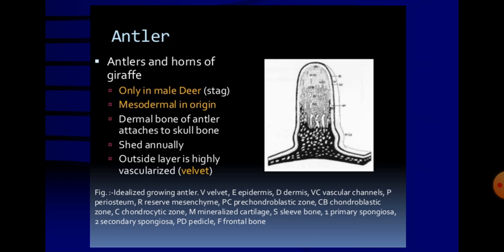In deer, the stag, only males have antlers, and these are mesodermal in origin. Dermal bone of antler is attached to the skull bone, and these shed annually. The outside layer is highly vascularized. Antlers are connected from beneath to the connective tissue, and there is a blood supply.